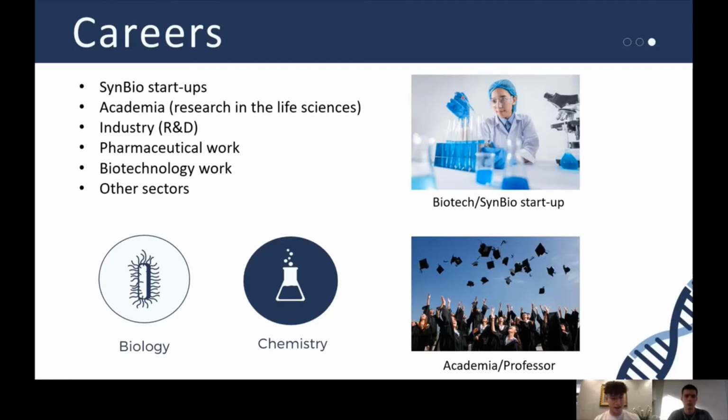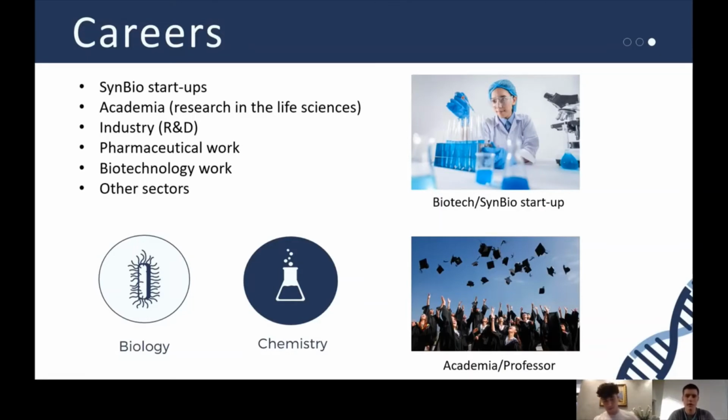Another thing you could be taking is something that I'd like to call in the middle, I guess, and this is the SynBio startup world, or the biotech startup world, where you have a startup that has developed a concept from some sort of gained knowledge, mostly from PhDs, and they capitalize upon it by producing a product that could be sold to, for example, a bigger company or be developed into a product.